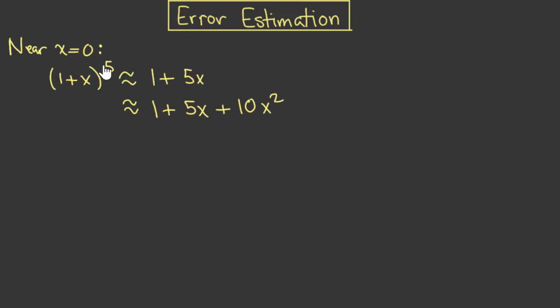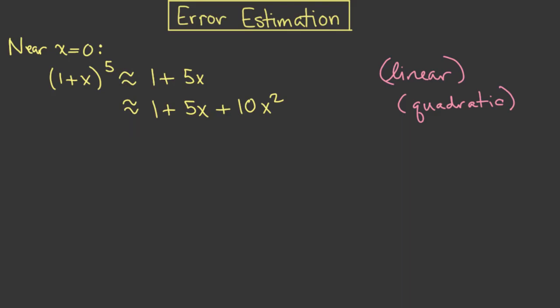This function is approximately equal to 1 plus 5x. That's the linear approximation. It is also approximately equal to 1 plus 5x plus 10x squared. That's the quadratic approximation. So what does approximately equal mean?